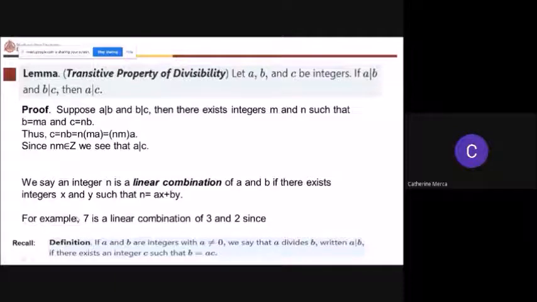Example, 7 is a linear combination of 3 and 2, since you can rewrite this as 7 equals 2 times 2 plus 1 times 3. So the transitive property and the linear combination are clear.